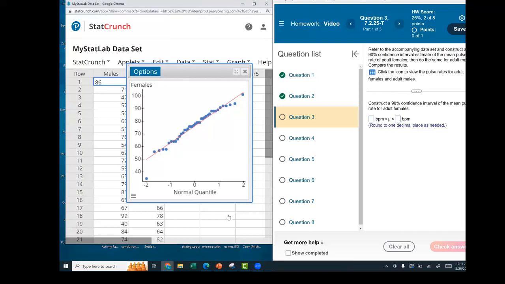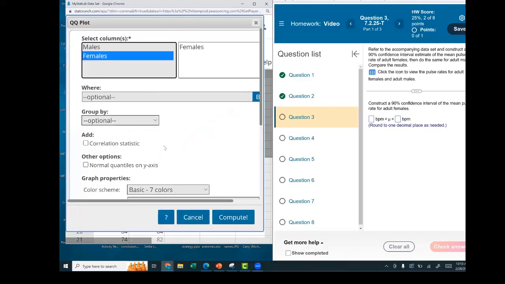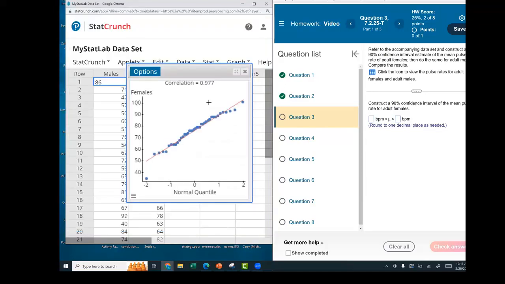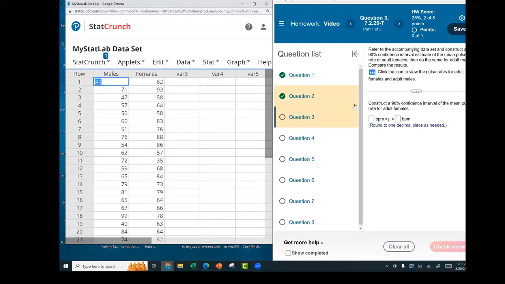Looks beautiful. We can even put our correlation coefficient. And look, it's almost one, perfect. I now know it's normally distributed, and I have 40 values, so I'm in pretty good shape.